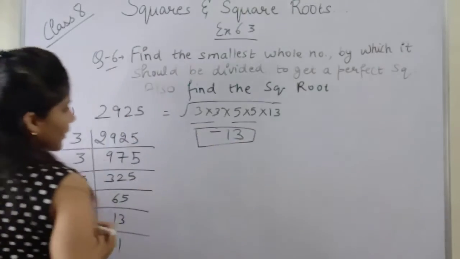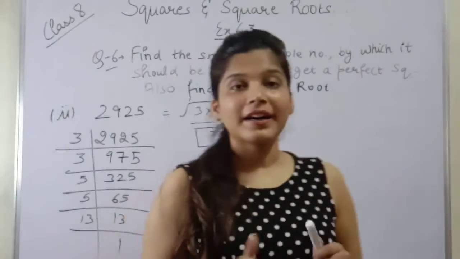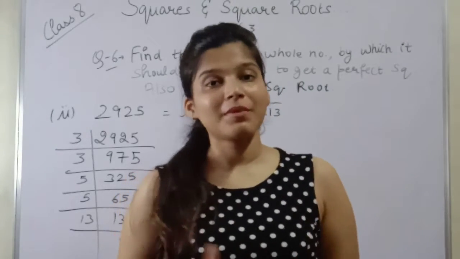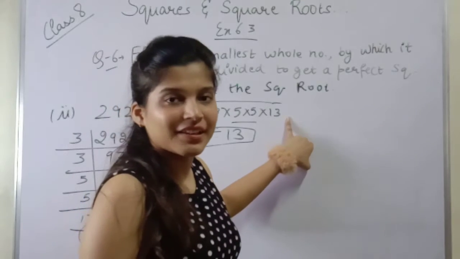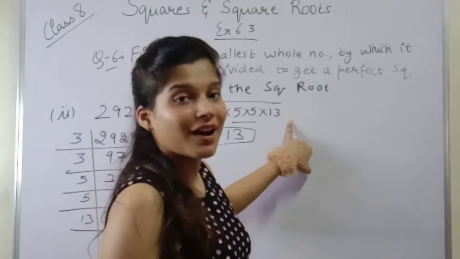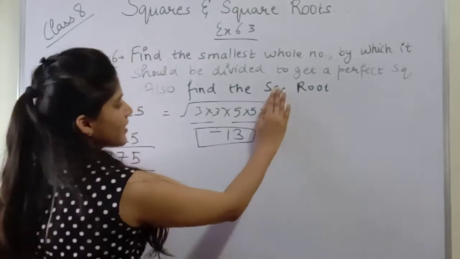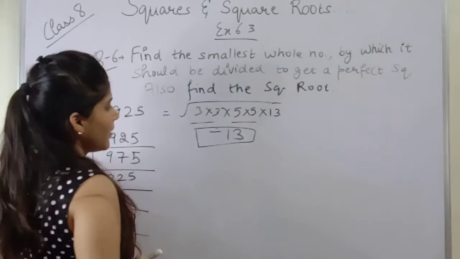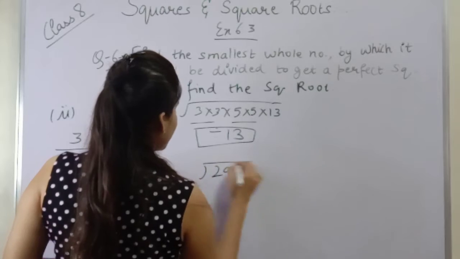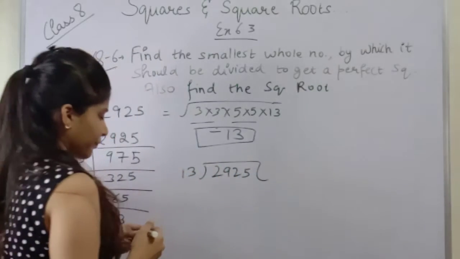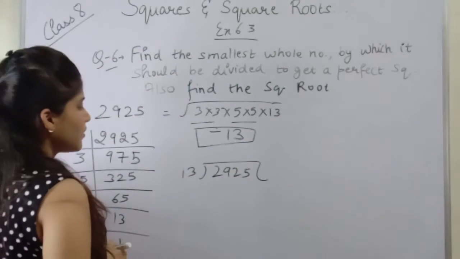Okay. If we had been told here to multiply, we would multiply by 13 to get one more 13 here, but here we are asked to divide, so we will eliminate this 13. So 2925 divided by 13. 13 2s are 26.